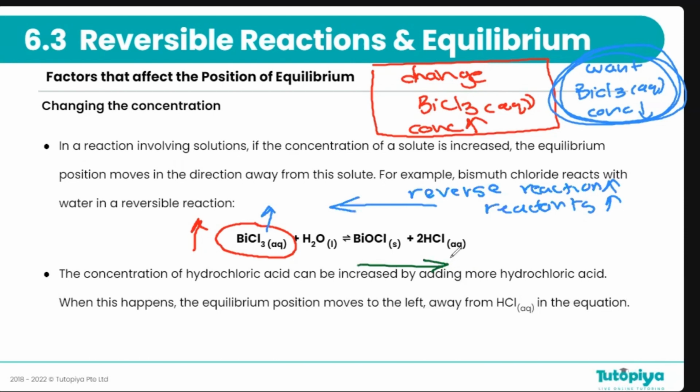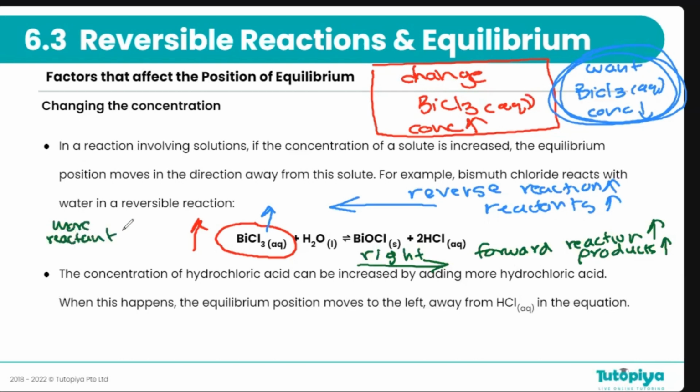So that can be achieved by shifting the equilibrium to the right. Because when you shift the equilibrium to the right, the rate of forward reaction increases, which means more products are formed. And when more products are formed, more reactants are consumed. More of these reactants will be consumed.